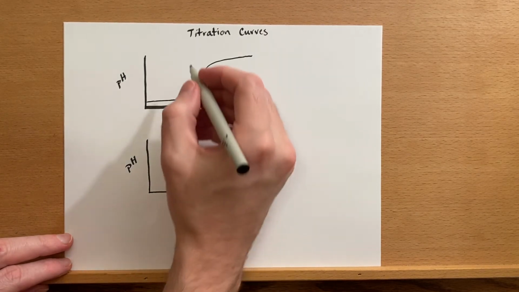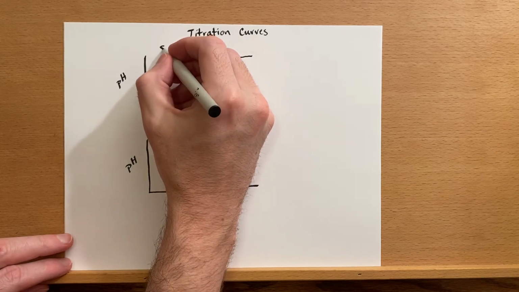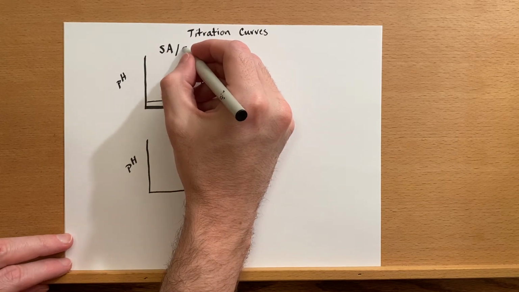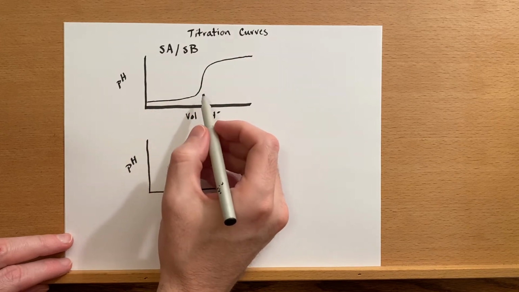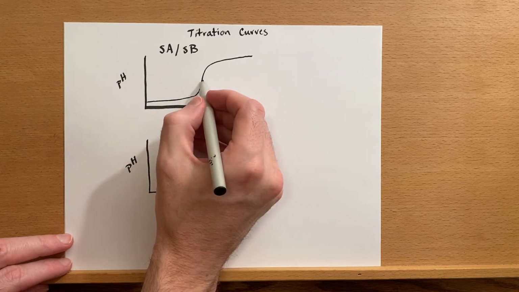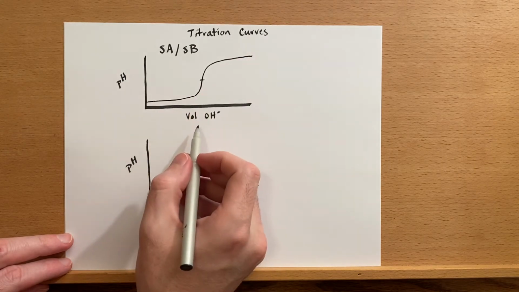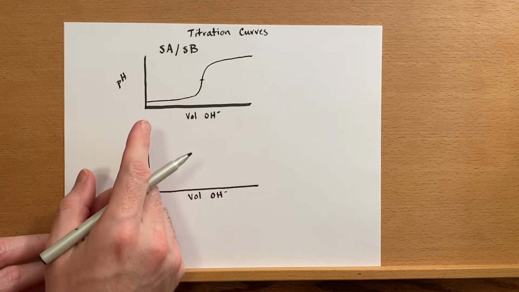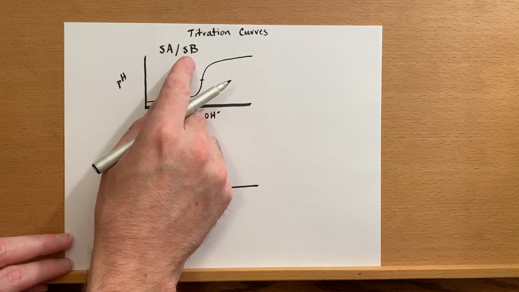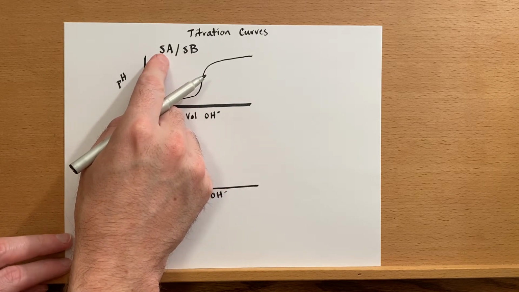And for a strong acid, strong base titration curve, right here is the equivalence point, the point where we've added the stoichiometric amount of base to completely react with the acid.